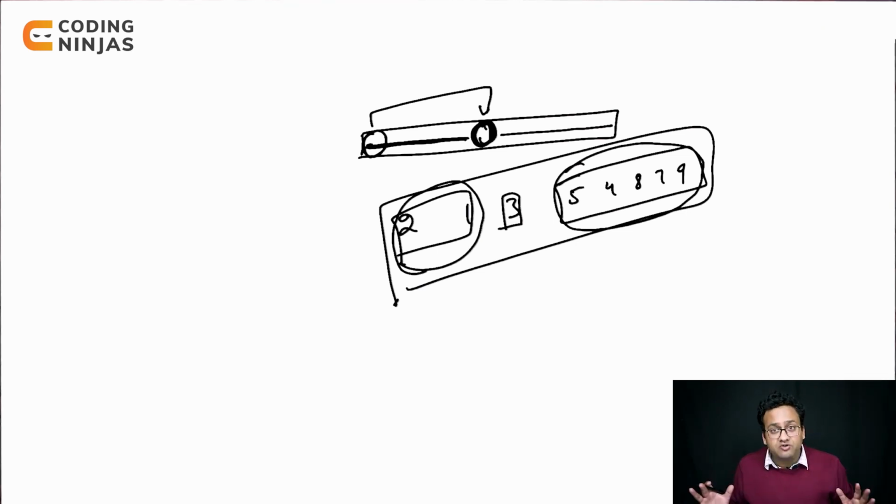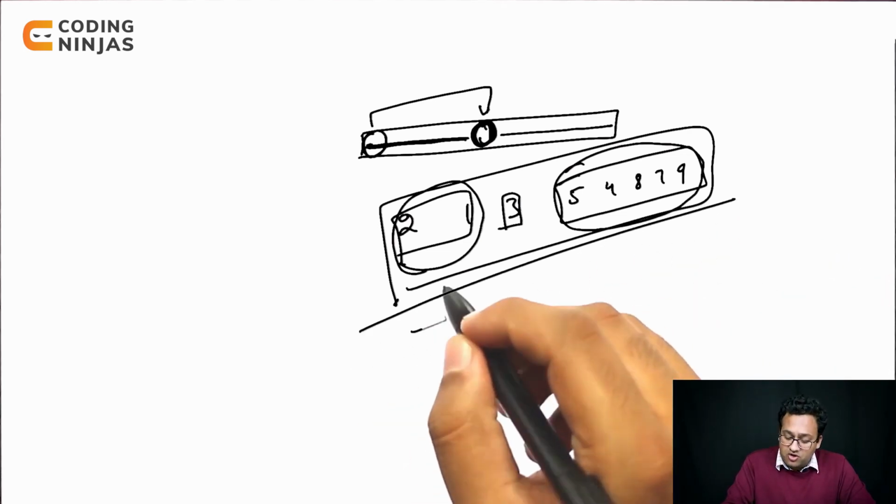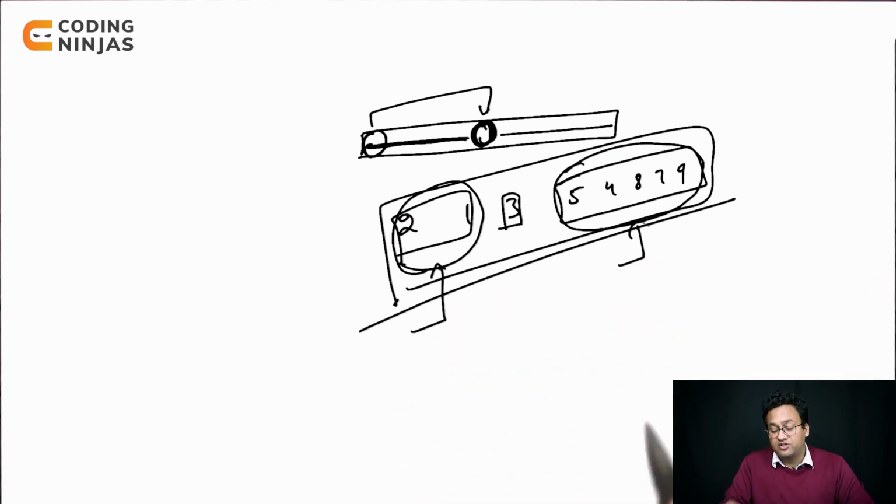You partition your list into 2 halves such that there is a number in the middle, we can call it the pivot point. Everything on the left side is smaller than the pivot, everything on the right side is larger than the pivot. We call it partitioning. So once you have partitioned it, you can call quicksort on one side and quicksort on the other side, and then the whole list will be sorted.